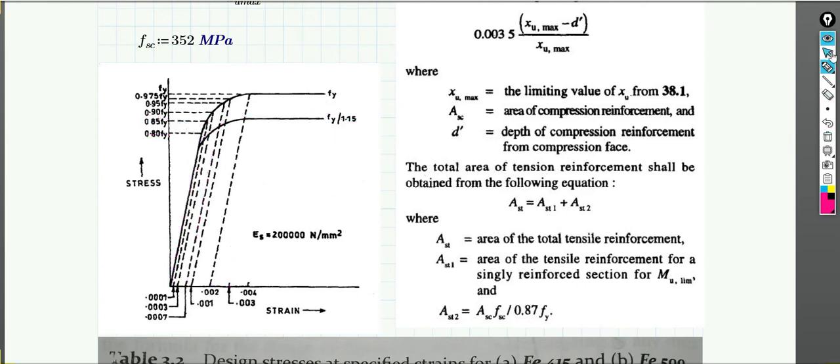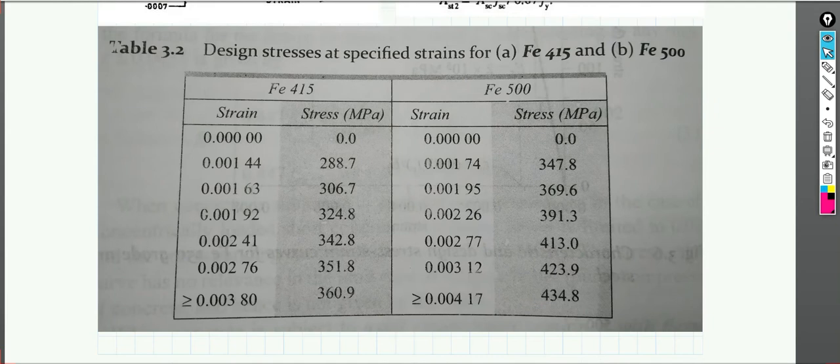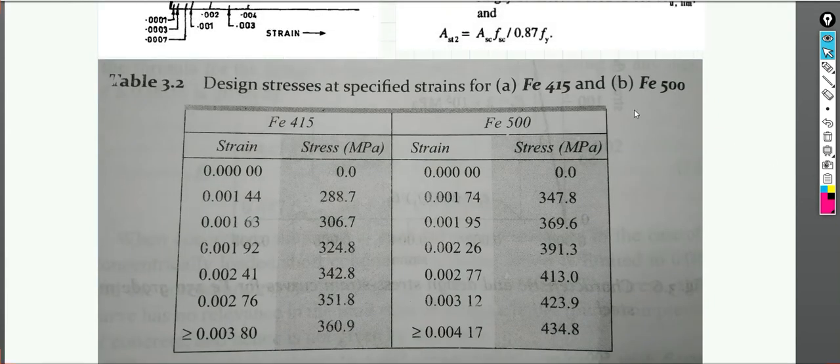So there are certain tables available. I have taken this table from Pillai and Menon book. You can take a Xerox of it, and this table shows you at different strain levels what the stresses are. For our case the strain is 0.003. For 0.0027 it is given already.